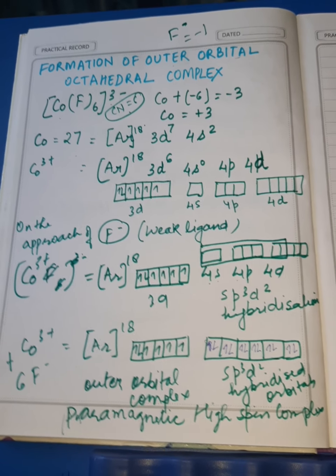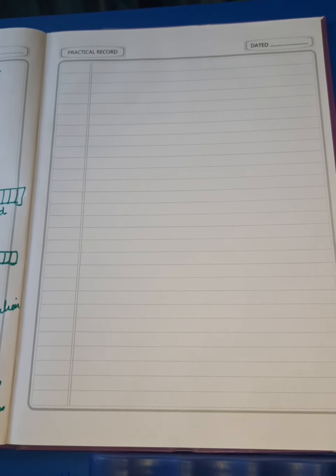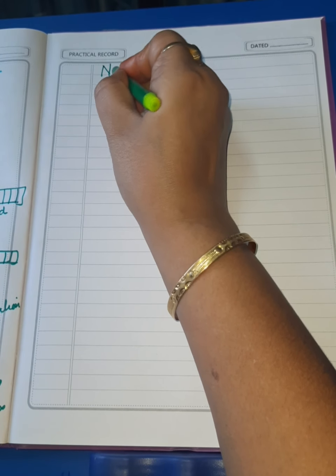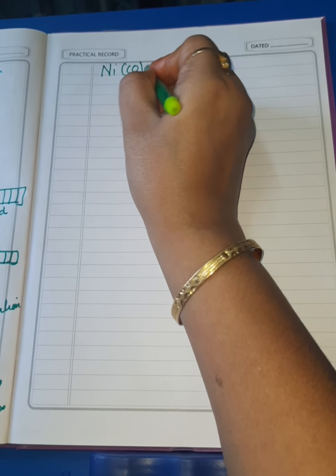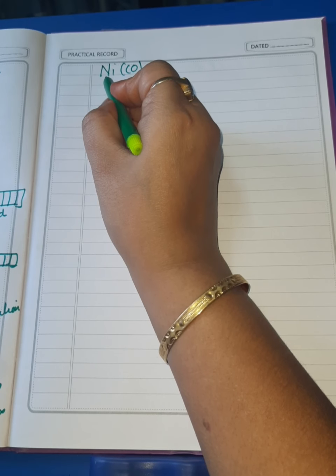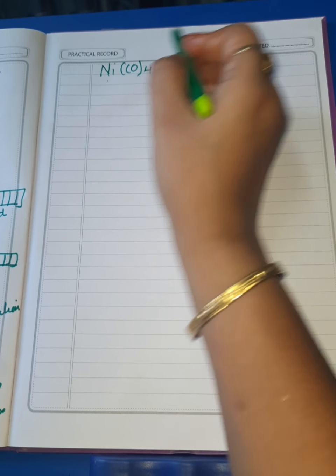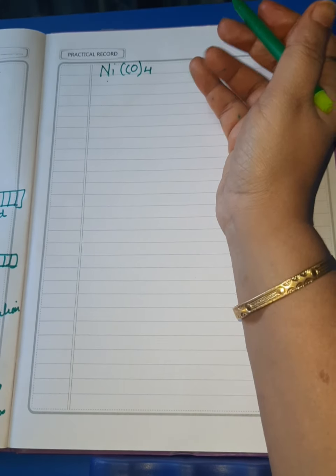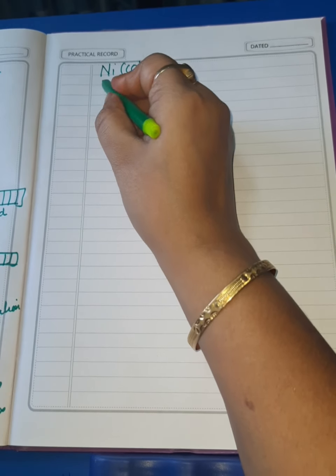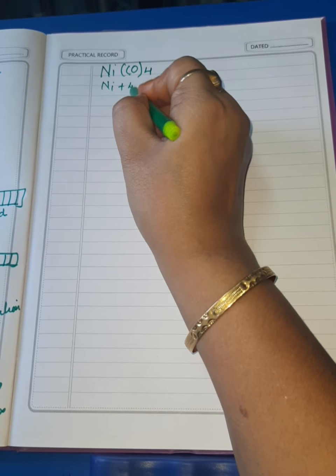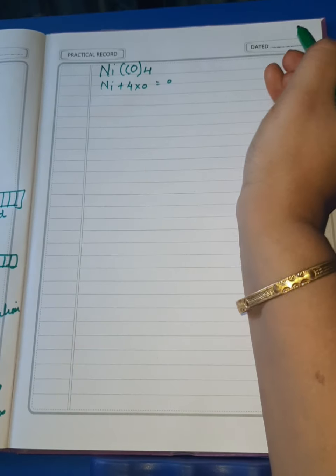Now next we will see the bonding in the tetrahedral complex, and for the tetrahedral complex I will take the example tetracarbonylnickel. First and foremost we will calculate the oxidation number of nickel. Carbonyl oxidation number is 0, so nickel plus 4 into 0 equals 0.